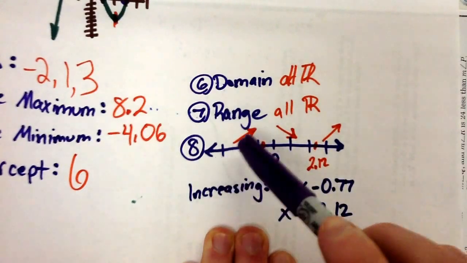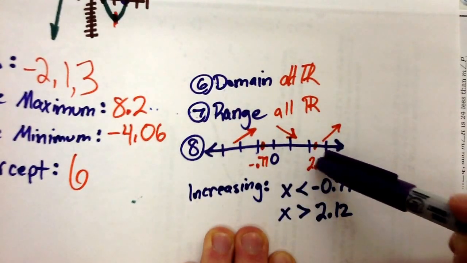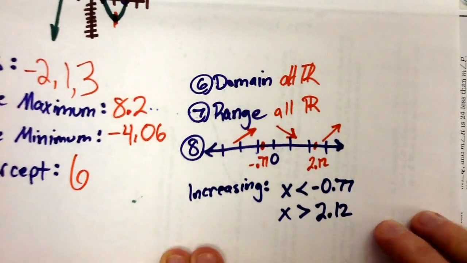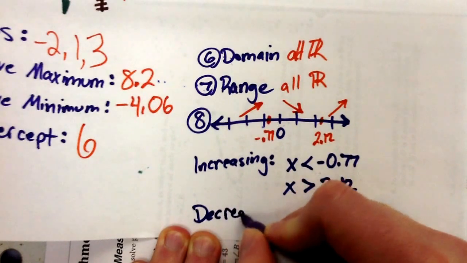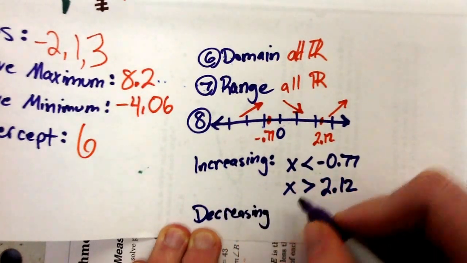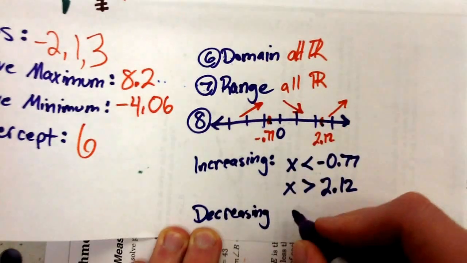So for anything less than this negative 0.77, anything more than this 2.12, we're going up. Decreasing is what's in between. So if our x values are anywhere in that range, we're going downhill.